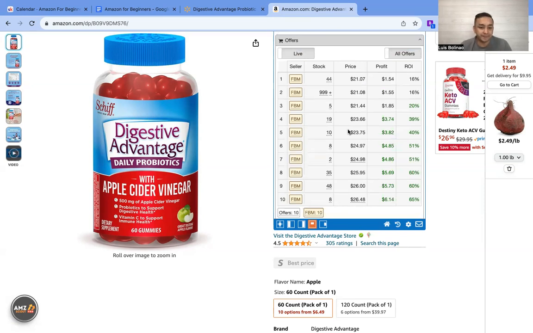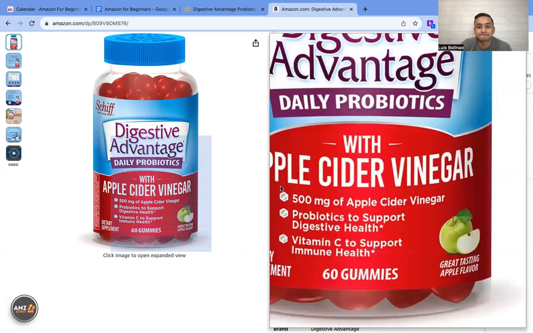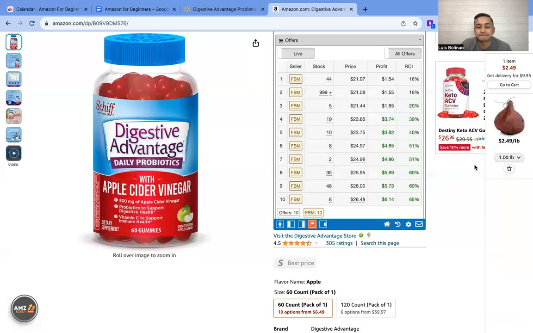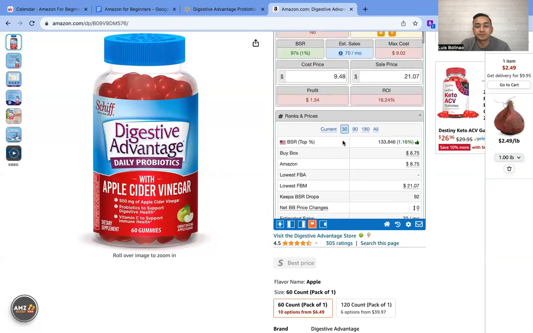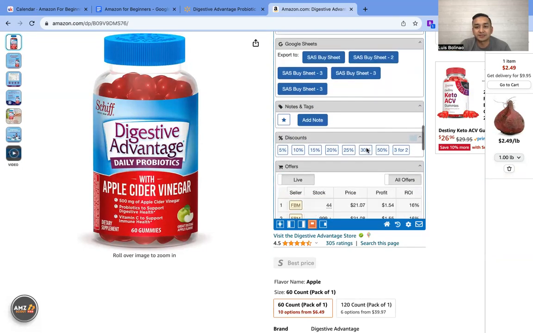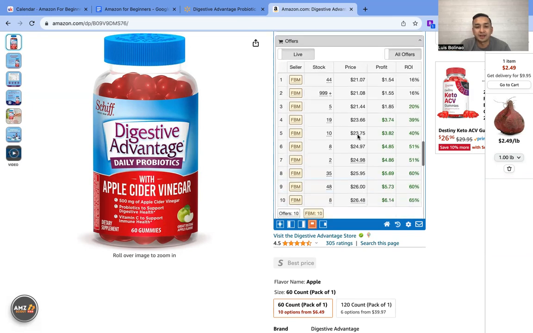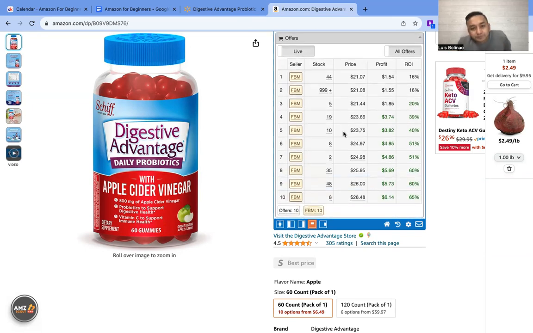Did you guys do it? So 70 sales a month at 16% ROI. Would you guys do it with this many people on the listing?